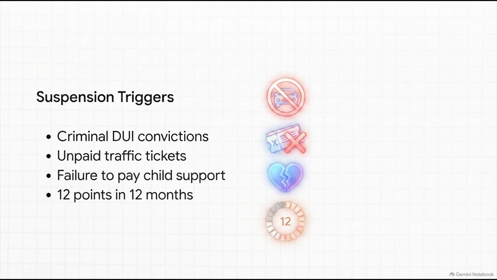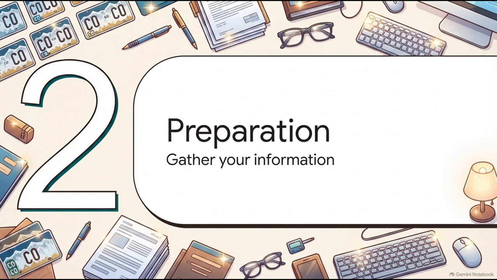We all kind of expect that. But so will failing to pay child support or even ignoring an unpaid traffic ticket from another state. And that's all thanks to the non-resident violator compact that Colorado is a part of. So basically, your license is intimately tied to your overall legal and financial compliance, not just how well you can parallel park.